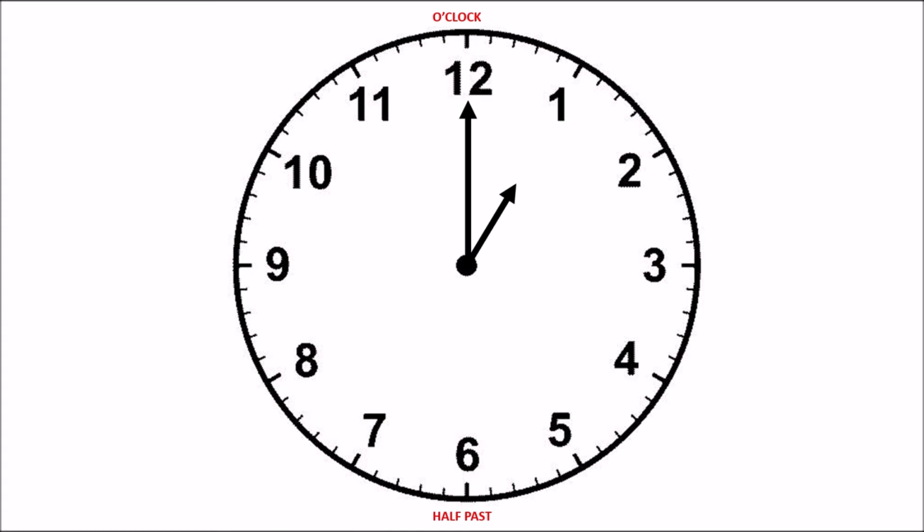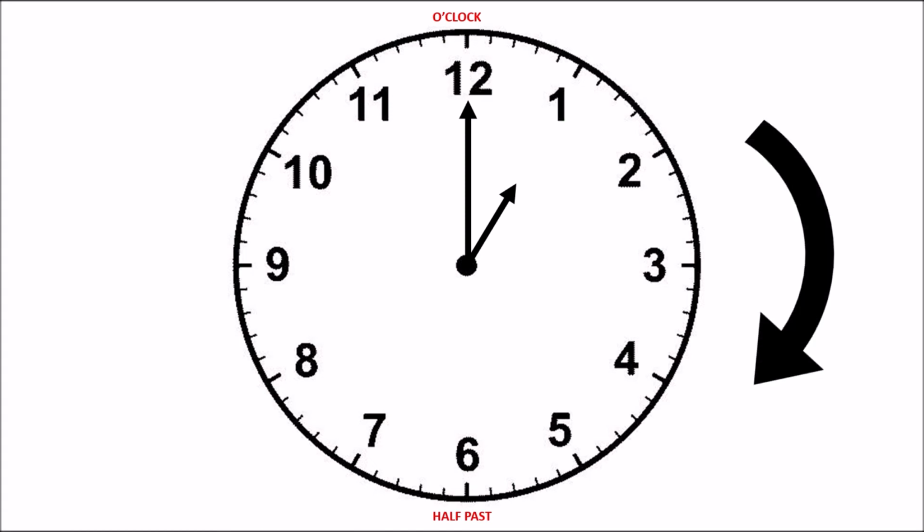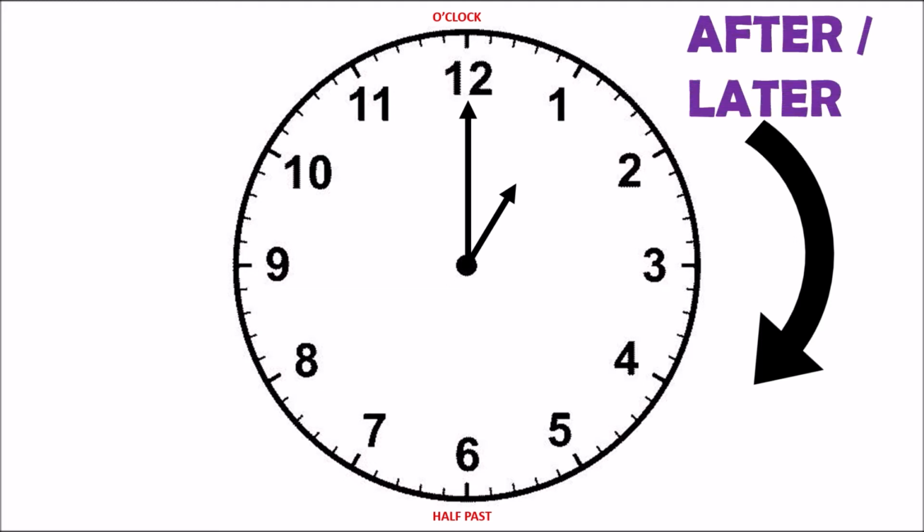So, you might remember, the hands of the clock move in this direction, and we learnt that this direction is called clockwise. Now, if the hands move this way, the time is after or later.